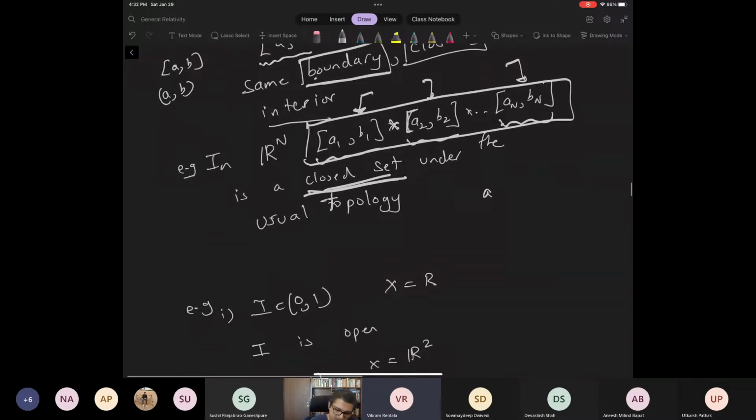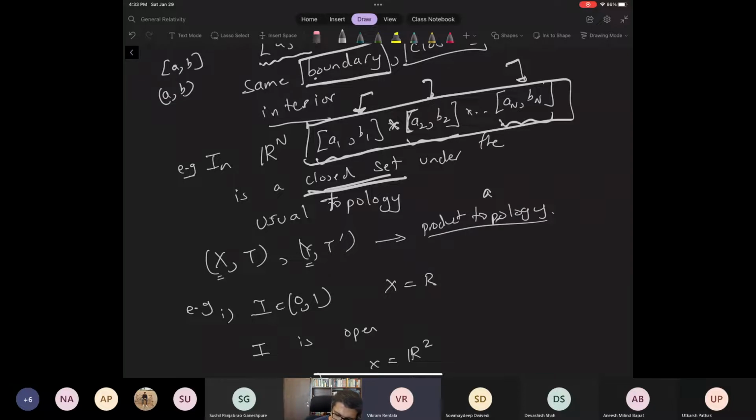I don't know if I discussed this, but if you have (X, T), and you have another (Y, T prime), so X and Y are sets, and T and T prime give X and Y their topologies, you can define a product topology. I'm not sure if I discussed this, and it's not mentioned in Nakahara, but I'll just mention this.